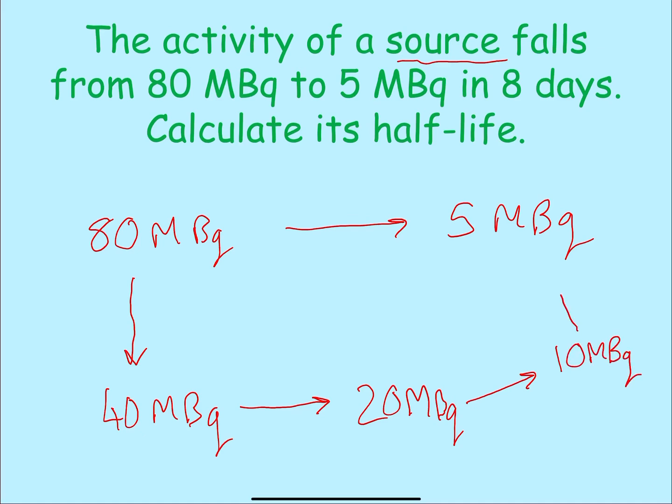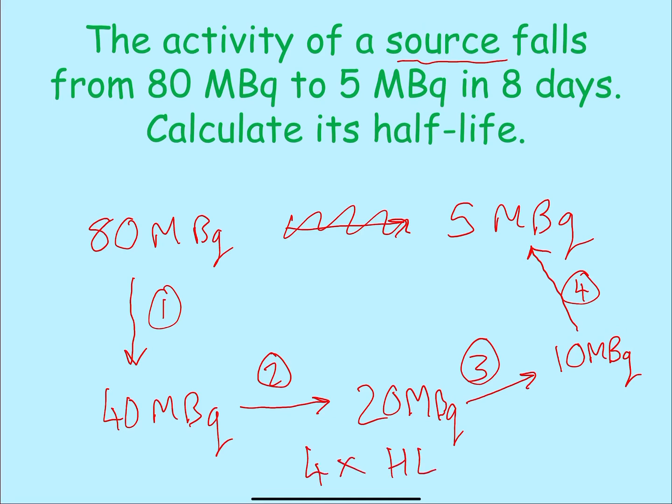And then 10 is going to half down to 5. So instead of going that way, it goes around this way anti-clockwise. So can you see it went through 1, 2, 3, 4 half-lives. It's 4 half-lives. So that total time is 8 days.